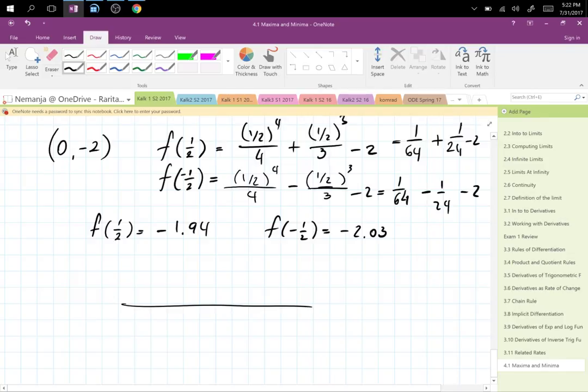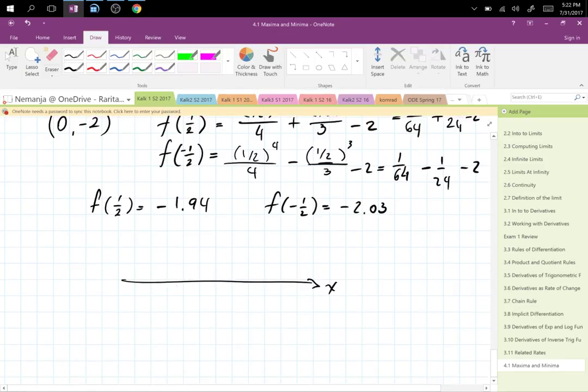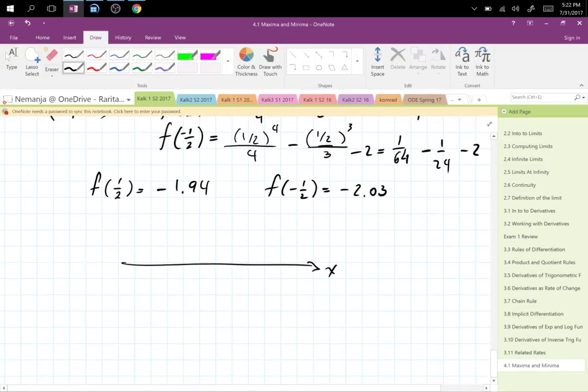So guys, here's the x-axis, and we need 0, negative 2.